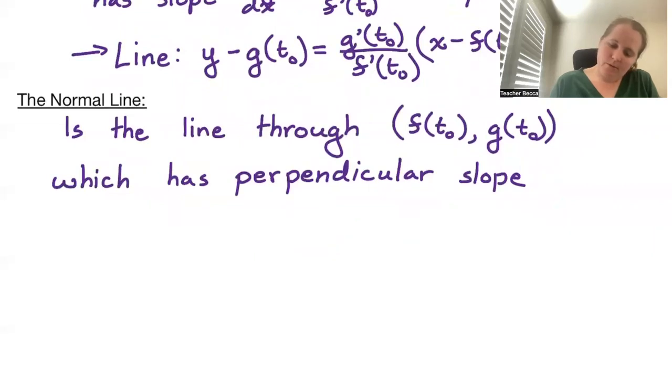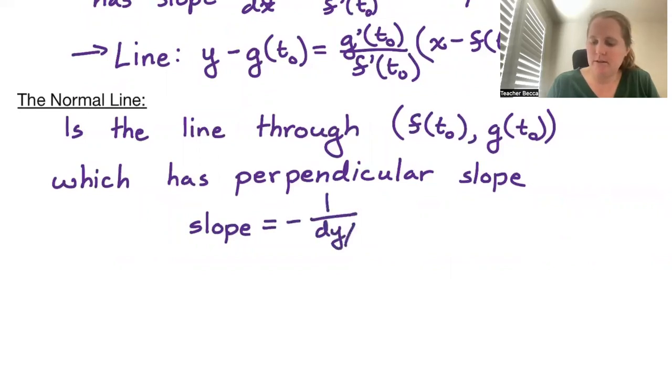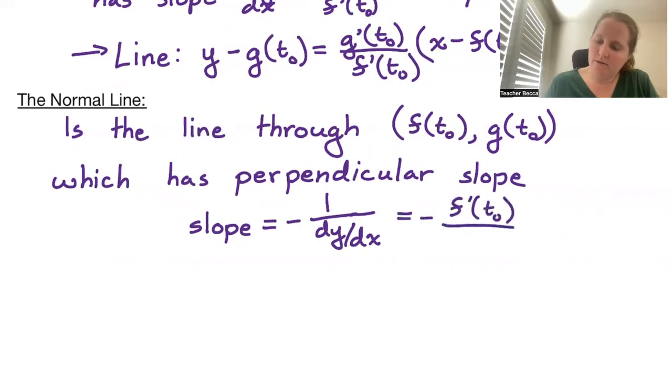So the slope, therefore, should be equal to negative 1 over dy dx, right? The negative reciprocal, otherwise known as negative f prime of t naught over g prime of t naught.